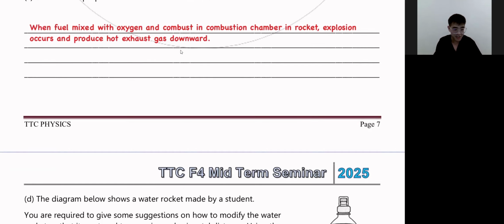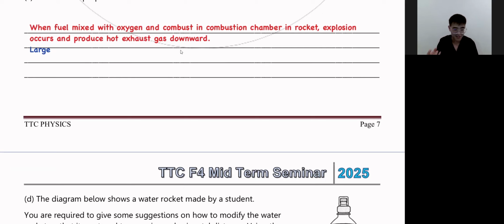You have to give an introduction before you explain everything. Now once you get the hot gases expelled downward, what happens? You continue to explain and give more details about the hot gases being expelled downward. You can write a large amount, which means large mass.